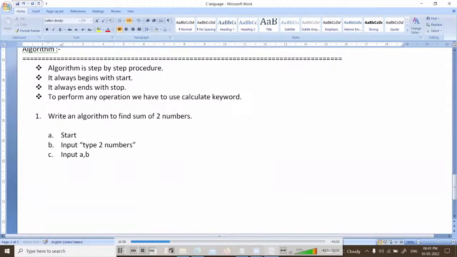Input keyword. To print the output, which keyword I have to use? Display keyword I have to use. To print result, we have to use display or print keyword. Is it okay? How to write an algorithm?